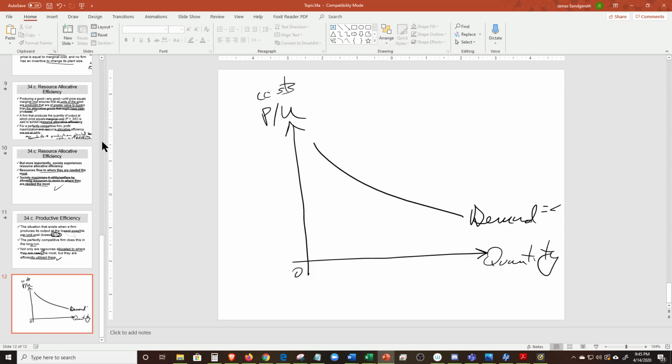Demand is equal approximately to the sum of the marginal utility benefit, and supply is equal approximately to the marginal cost of the firms there.